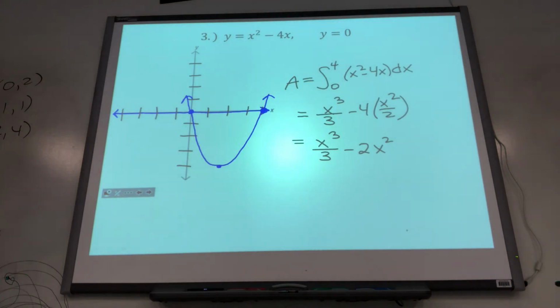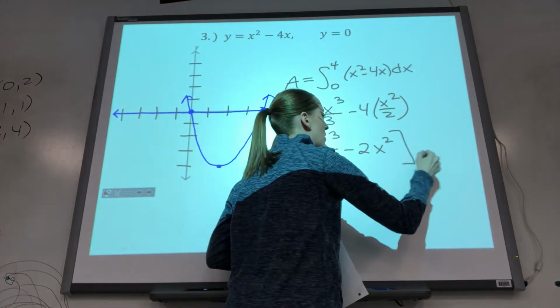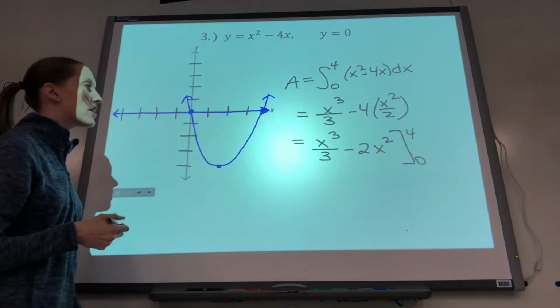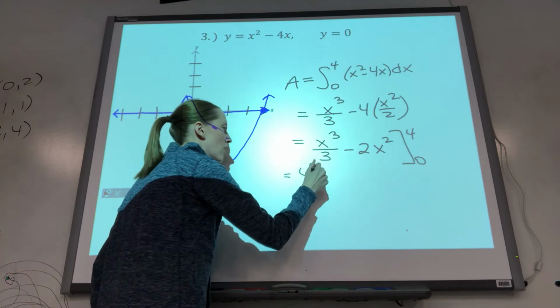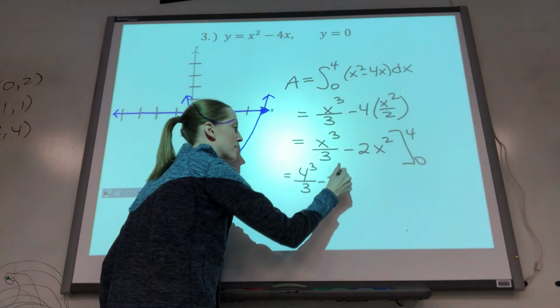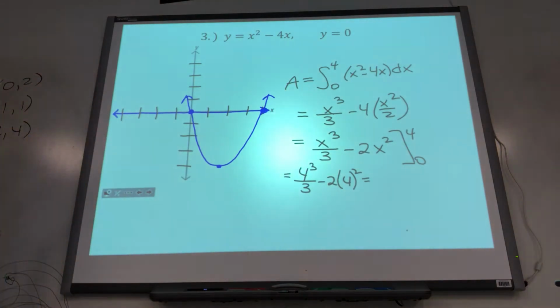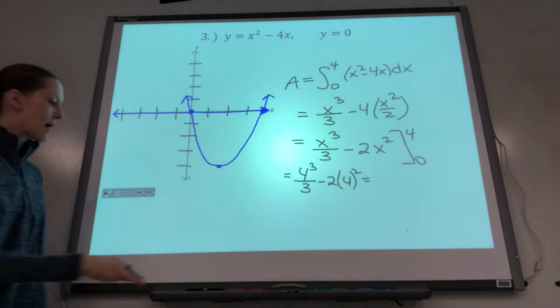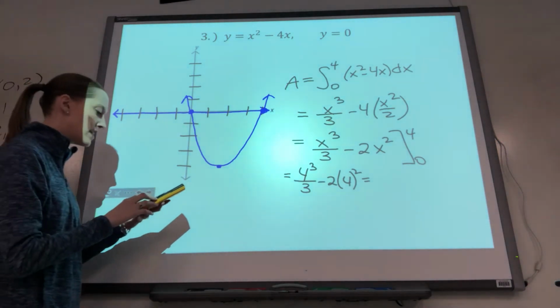The negative 4 divided by 2 gives me the negative 2. Now I want to take that from 0 to 4, but I got to plug in the 4 first. So 4 cubed over 3 minus 2 times 4 squared. I'm not even going to worry about plugging in the 0 because I can already see that when I do that, all of that turns into 0.